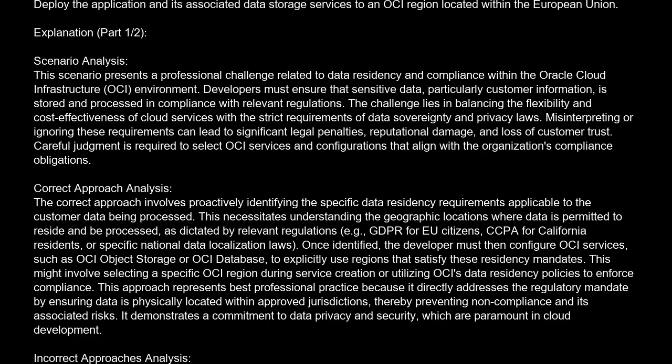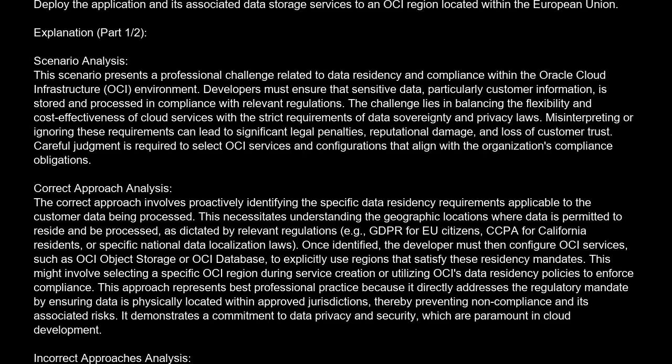Correct approach analysis. The correct approach involves proactively identifying the specific data residency requirements applicable to the customer data being processed. This necessitates understanding the geographic locations where data is permitted to reside and be processed, as dictated by relevant regulations, e.g., GDPR for EU citizens, CCPA for California residents, or specific national data localization laws.